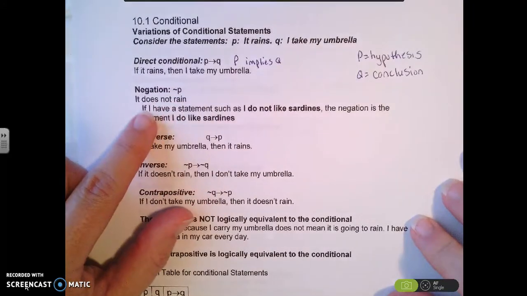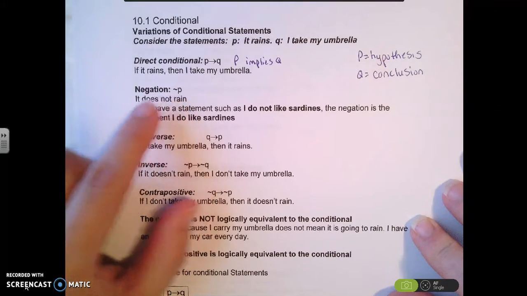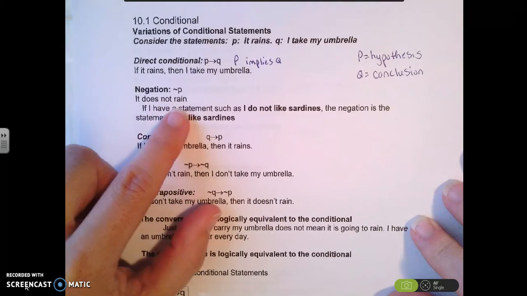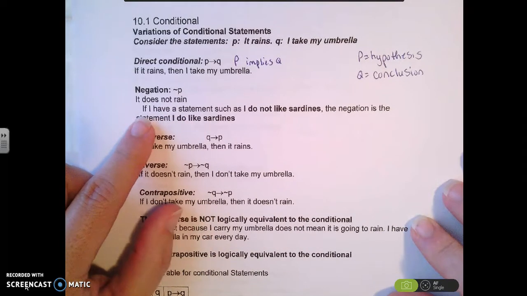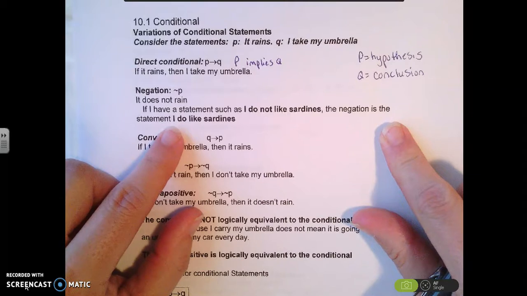So negation is when you take the opposite of one of the actions. The little tilde symbol in front of the P or the Q implies that you are negating it. So the negation of P would be it does not rain. If I have a statement such as I do not like sardines, then the negation of that statement would be I do like sardines.